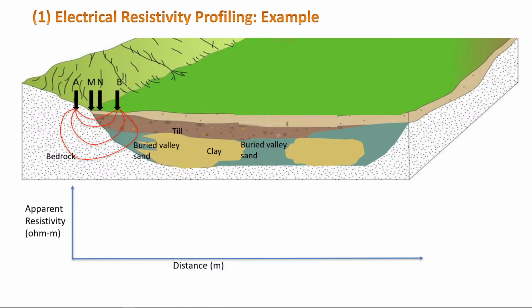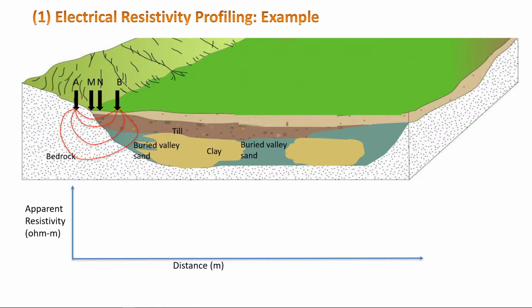Let's say you send current here, and I'm measuring the voltage here. Let's say I'm conducting this with only 4 electrodes. Like I told you, the instrument we have has 48 electrodes. Usually you have many of them, and that will save you time. The more electrodes you have, the more time you save. But let's keep it simple: just 4 electrodes, two to send current and two to receive.